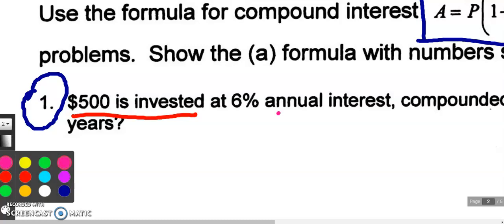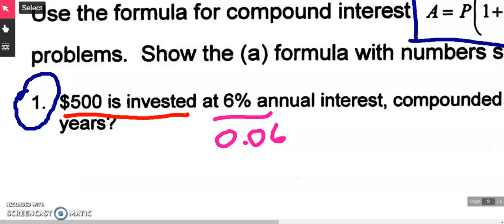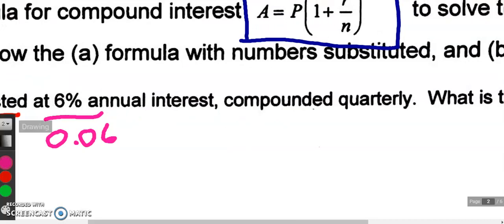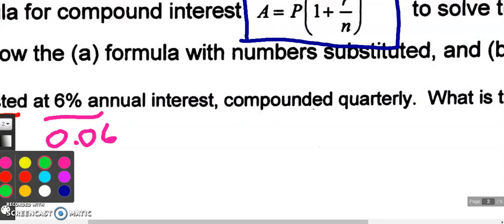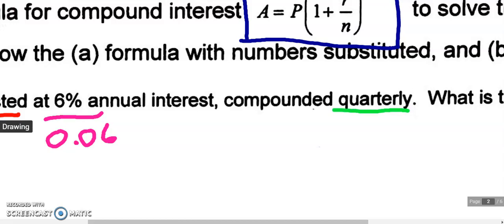We have an interest rate. So again, we're going to get rid of the percentage by converting that into a decimal. But here's where the extra piece comes in. So this is compounded quarterly, which means we're compounding 4 times per year.